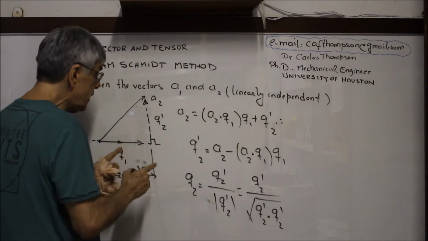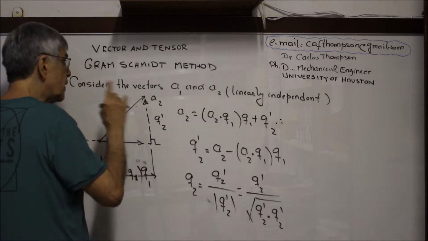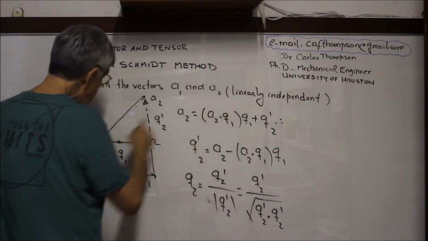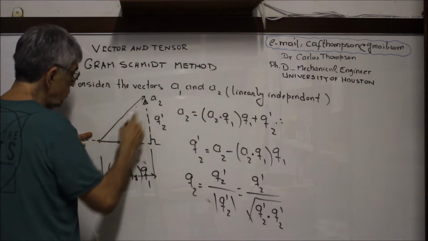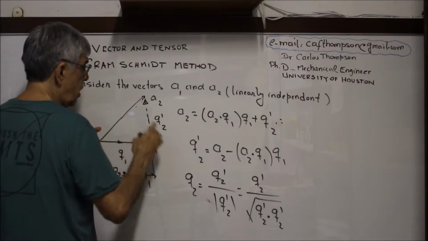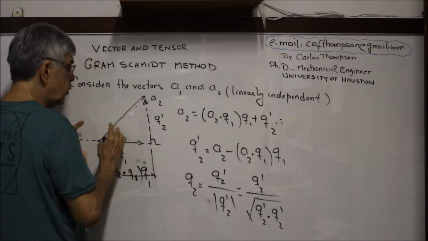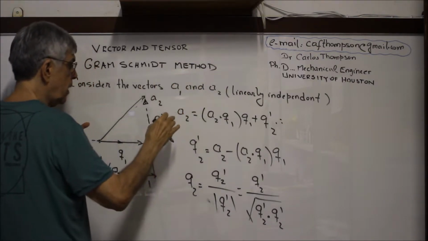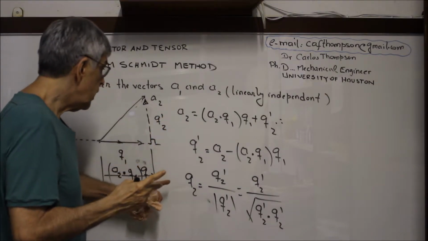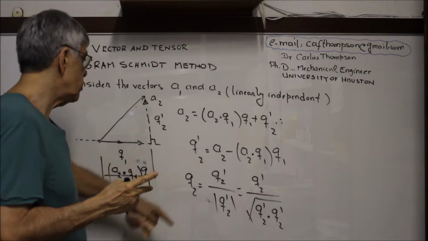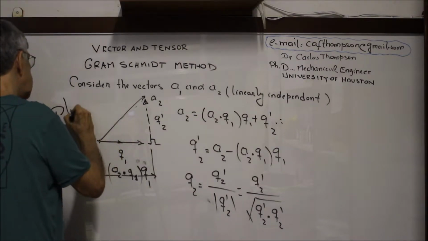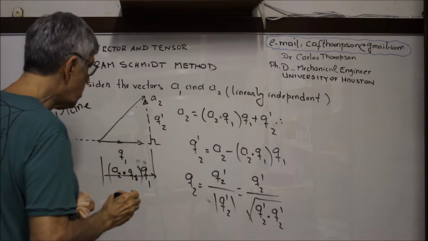Now, I guarantee that these two vectors, A1 and A2, which are not orthogonal, this is A2 and this is A1, I transform using the Gram-Schmidt method into orthogonal vectors and also into an orthonormal system, because I'm working in the plane. See, this is a plane. It's clear now?